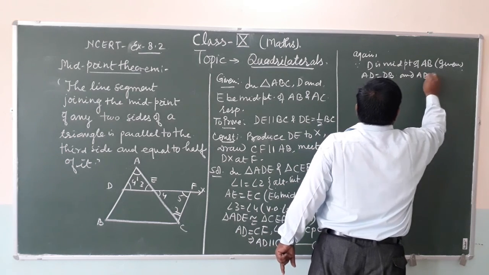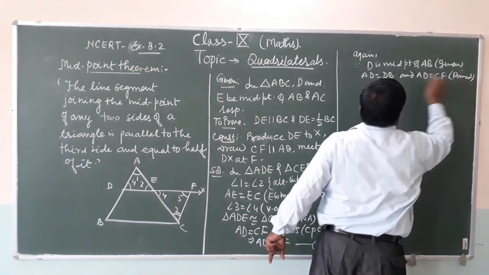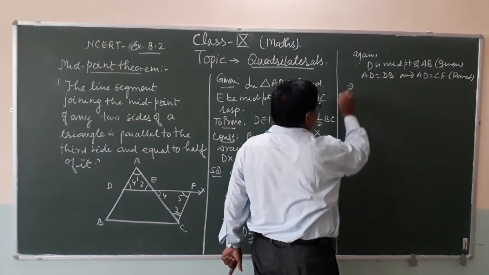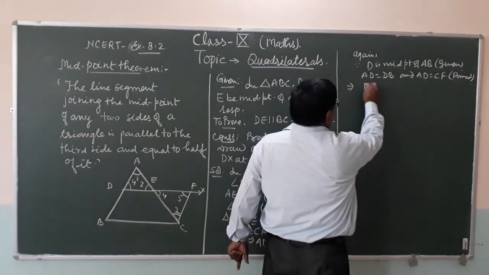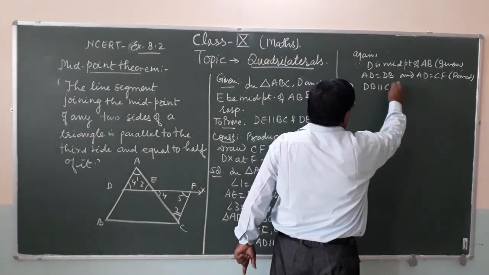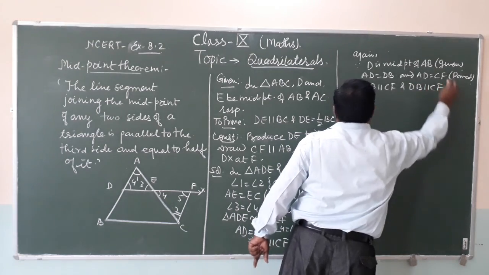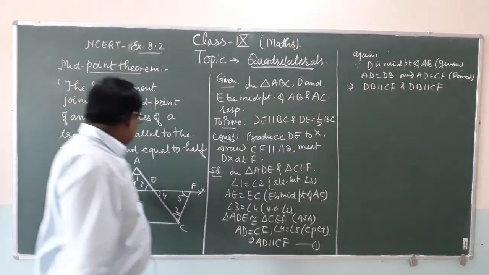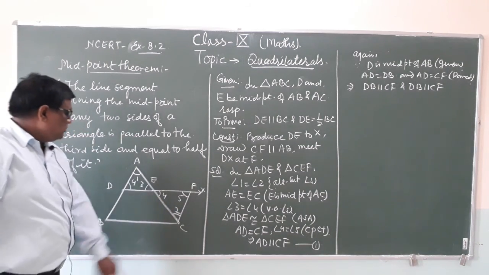From these two, this implies that DB is also equal to CF, and because AB is parallel to CF, DB is also parallel to CF.